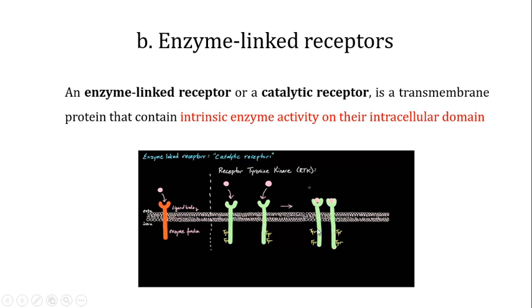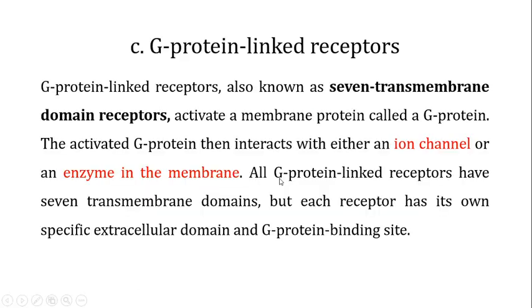When they come close, this intracellular domain goes for the phosphorylation of the tyrosine amino acid on this subunit, and this intracellular domain adds a phosphate group on the tyrosine amino acid of this subunit. So these intracellular domains have the enzyme activity, and in this particular case, the tyrosine kinase activity. So this is the second type of receptor, known as the enzyme-linked receptors.